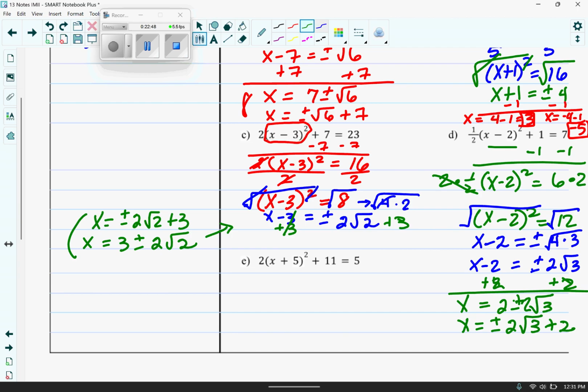And we have one more before we let you guys loose on the worksheet, which is, I believe, page 29 and 30. All right, so this last one, I'm going to go minus 11.